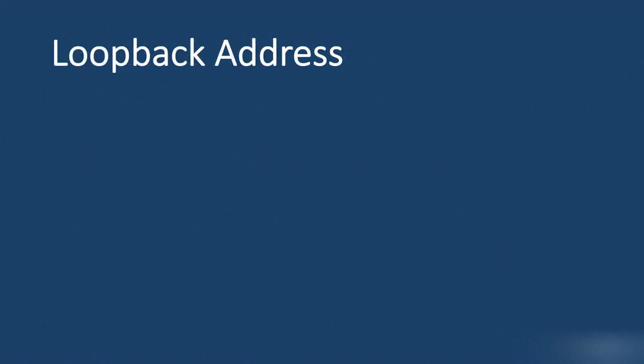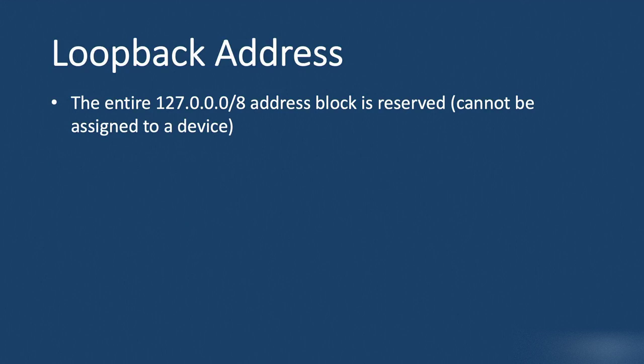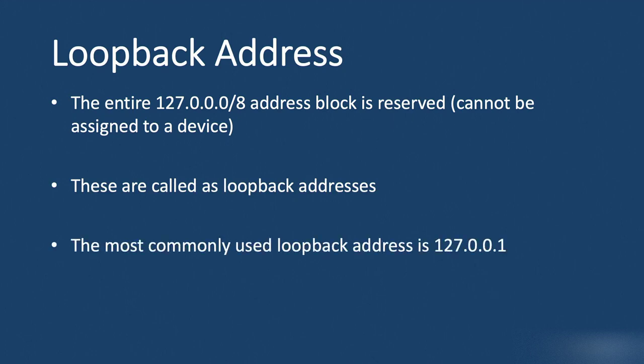Next, we have loopback addresses. The entire 127.0.0.0/8 address block is reserved as a loopback address range. This means it cannot be assigned to a device. These addresses are called loopback addresses, and out of that entire range, the most commonly used loopback address is 127.0.0.1.